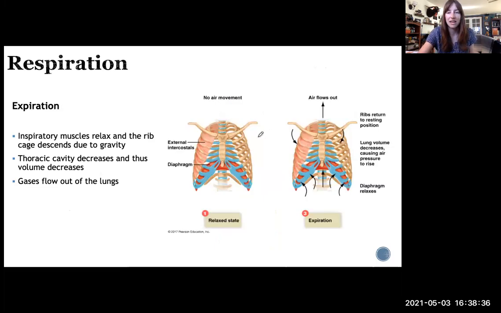Here's this same analogous image for expiration, for exhalation. The diaphragm relaxes, it pushes the bottoms of the lungs up, the rib cage gets pulled in, and that also squeezes the lungs. As you make the lungs smaller, you increase the pressure of the gases that are inside, right?